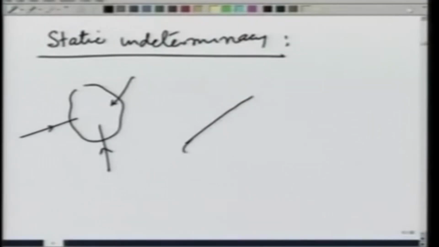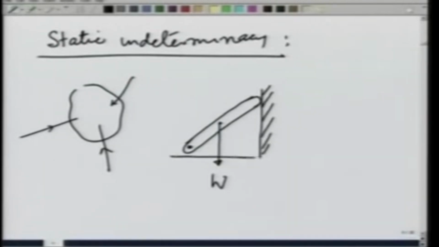Let us take a rod which has a pin joint at the lower end, and let us say it has weight W. For it to be in equilibrium under this weight, it will have to be supported on this side by, say, a wall, and that is enough to ensure equilibrium.